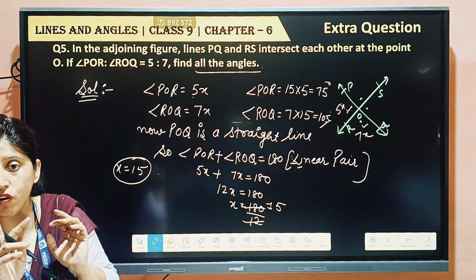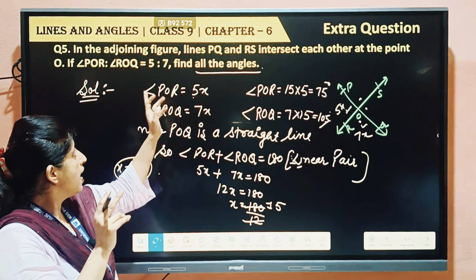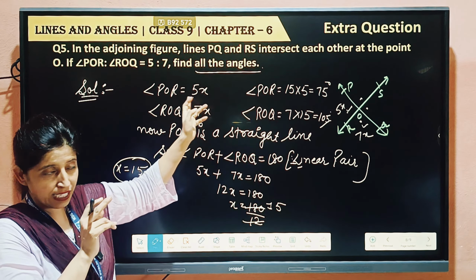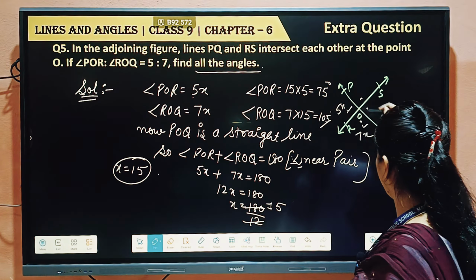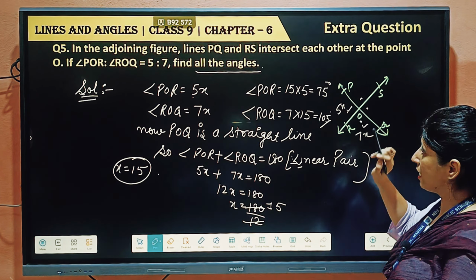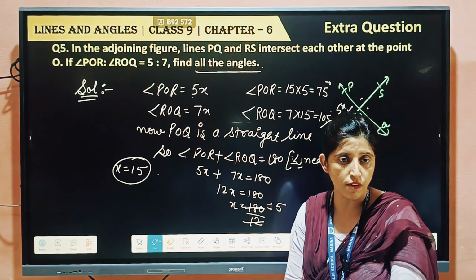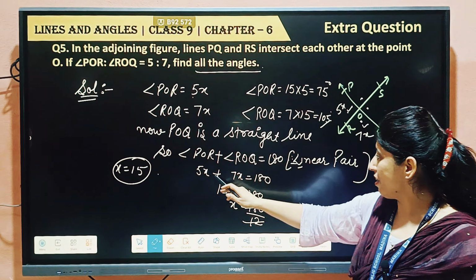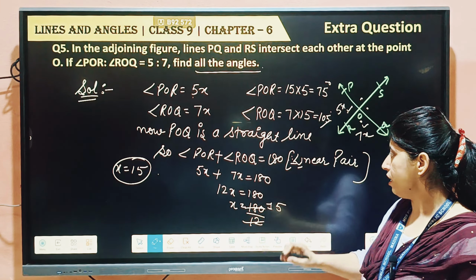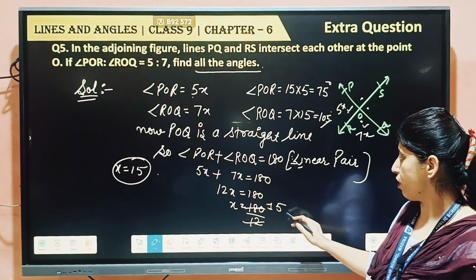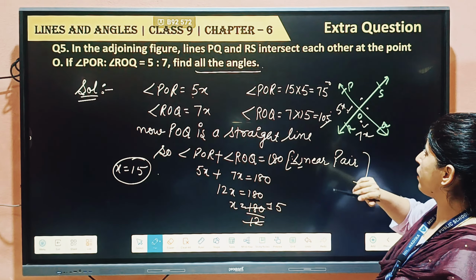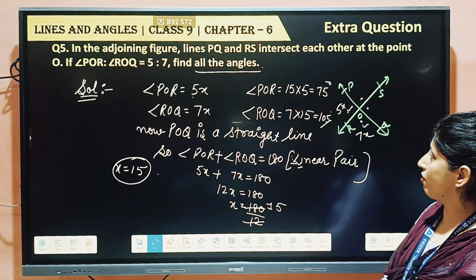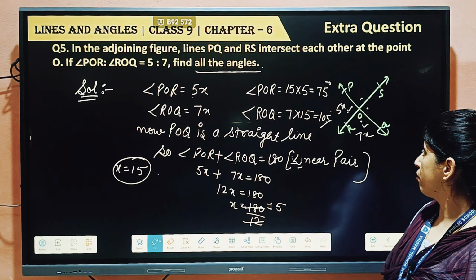Now POQ is a straight line, so the sum is 180 degrees because of linear pair. 5x plus 7x is 180, 12x is 180, x is 15. So POR is 75 and ROQ is 7 multiplied by 15, that is 105.